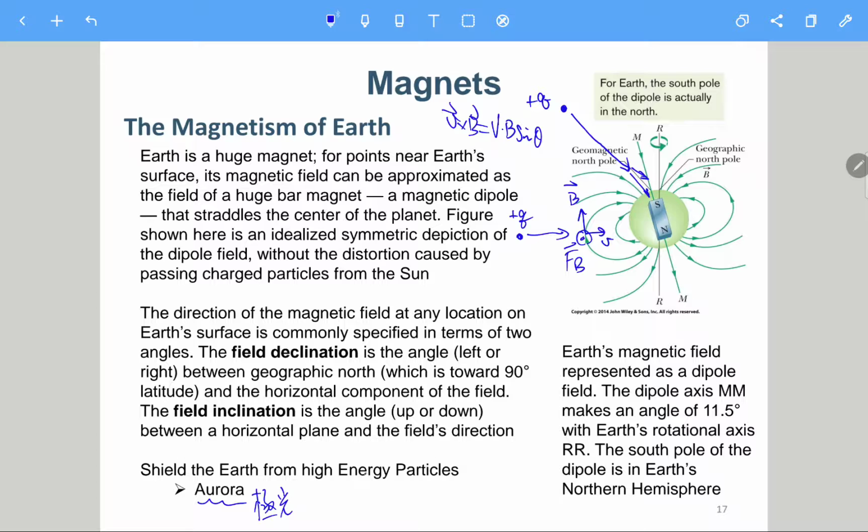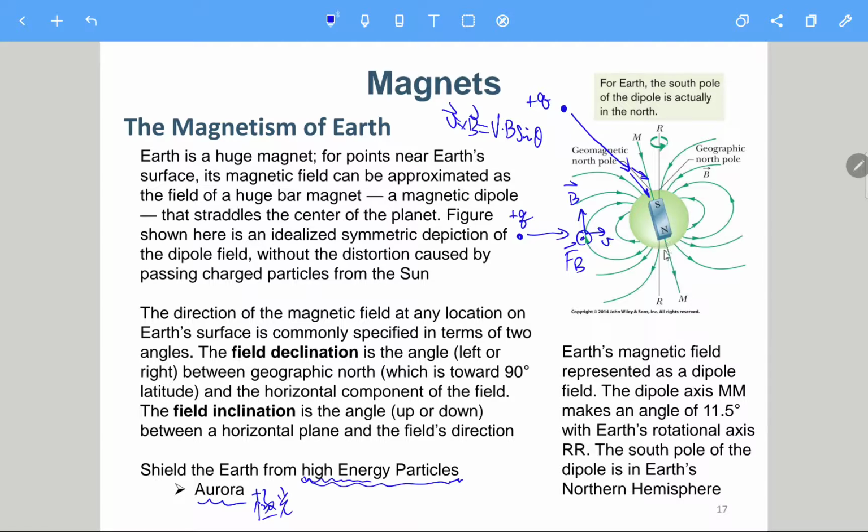And actually this is not good. If you accept too much high energy particle radiation, it will increase the probability of cancer. So the magnetic field generated by the Earth is protecting the people on the Earth.